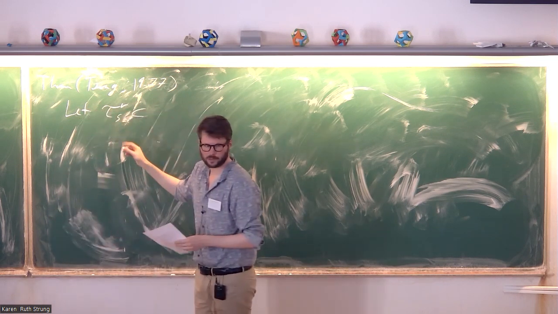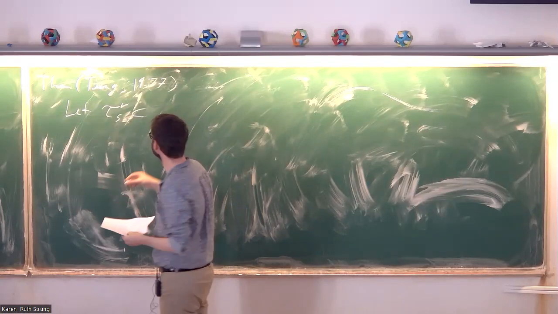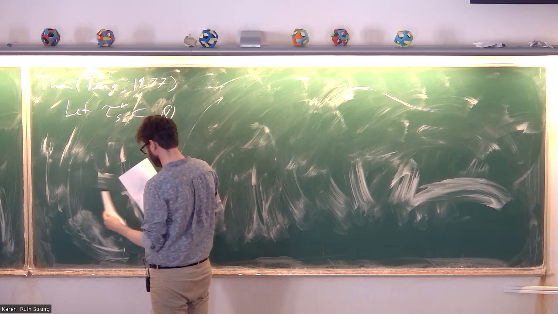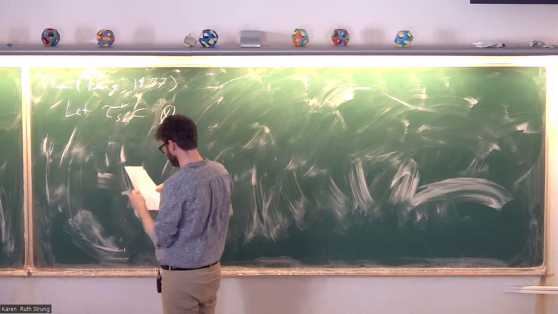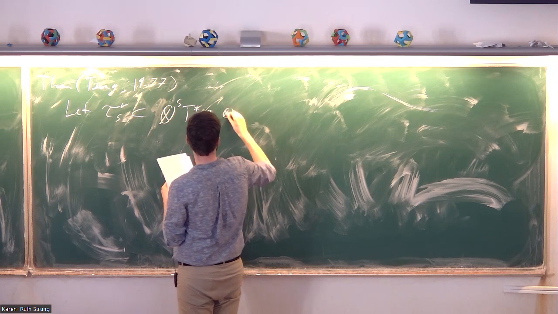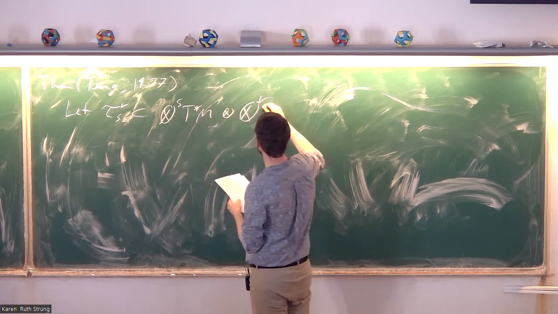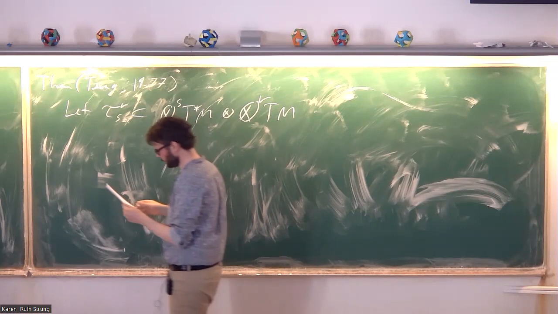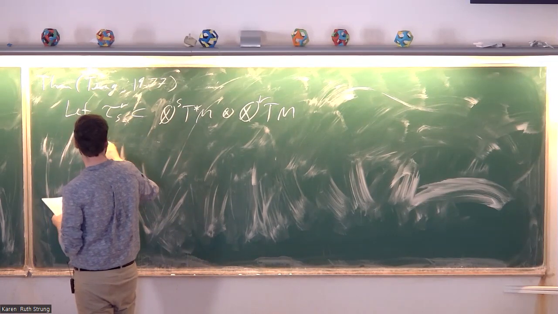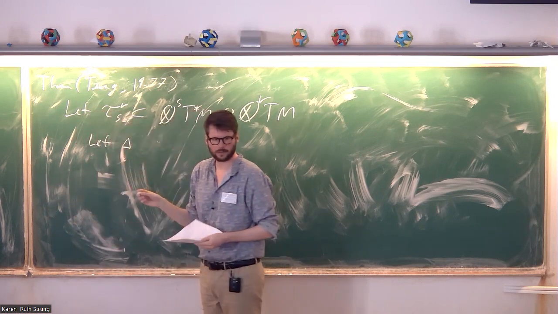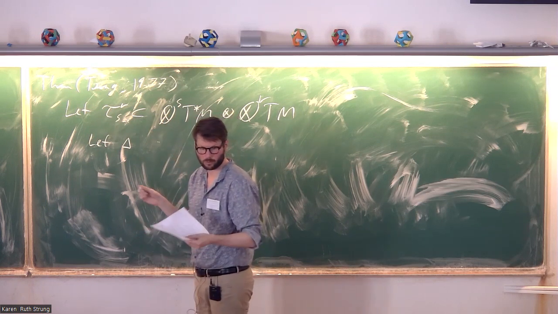So let tau^R_S be a natural bundle, which is a tensor bundle with S covariant and R contravariant indices, and let delta be a natural operator from this bundle into some other bundle.